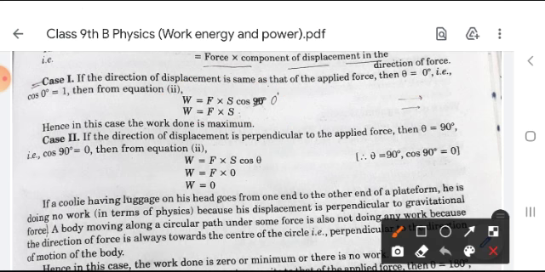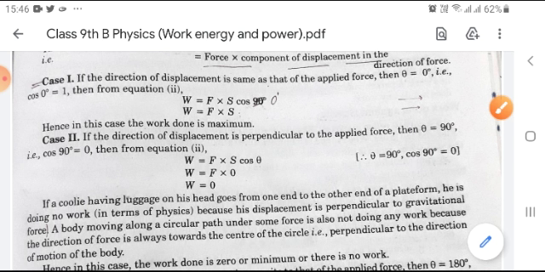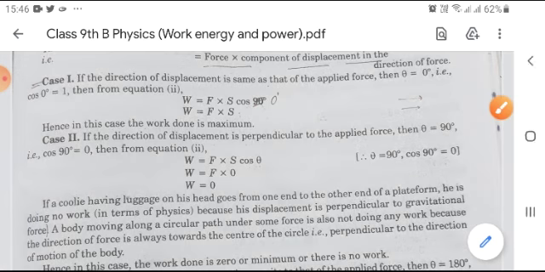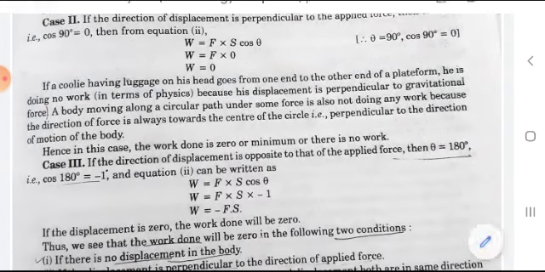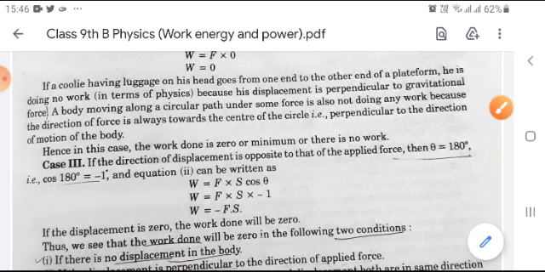Now, in the second case, if the direction of displacement is perpendicular, that is theta is equal to 90 degree. After putting it in the formula W is equal to Fs cos theta, we get here W is equal to 0 because cos 90 value is 0. Okay, that is given here. Now, moving forward, one example is very interesting which is given here, that is if a coolie having luggage on his head goes from one end to the other end of a platform, he is doing no work in terms of physics.